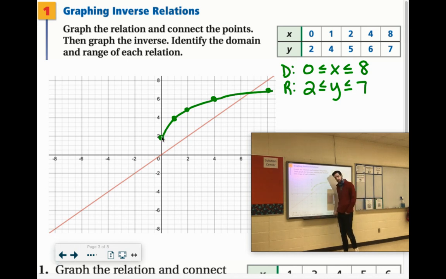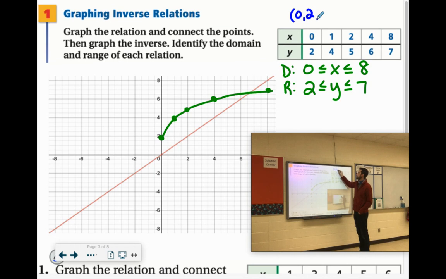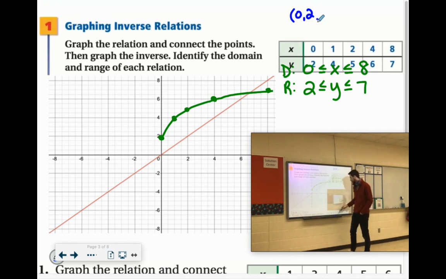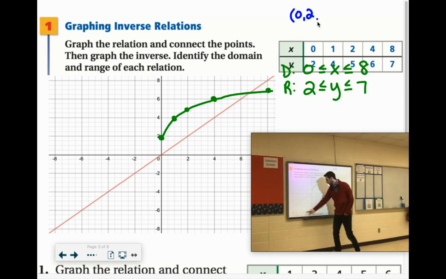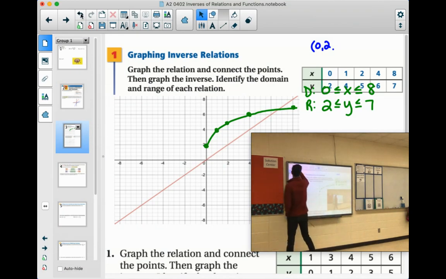So now if we do the inverse of that, we just flip the coordinates. So this coordinate was 0, 2. We're going to transform that. We're going to move stuff all over the place, a couple times.